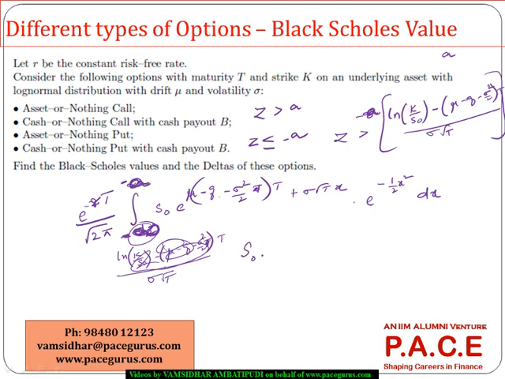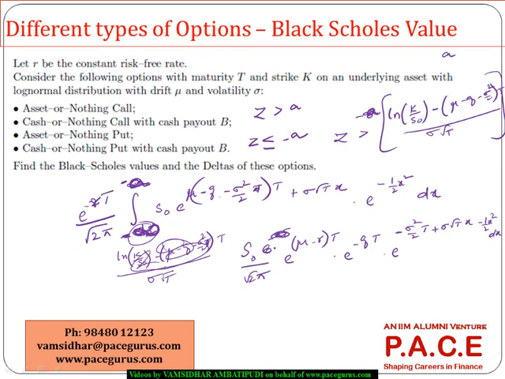So it is coming out as S naught into e power minus RT, or S naught divided by root 2 pi, e power minus RT, if I am keeping it as it is, e power mu minus R times t into e power minus qt into e to the power of minus sigma squared by 2 into t plus sigma root t into x minus half x squared dx.